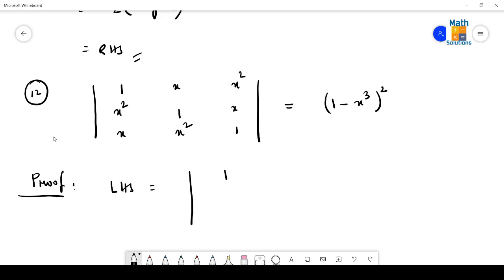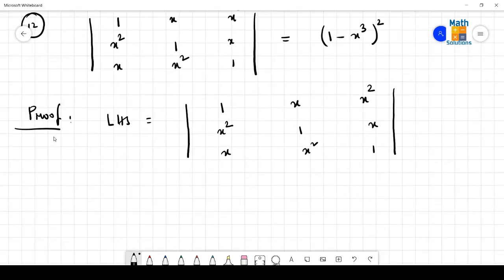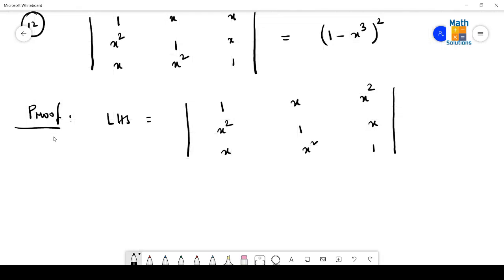LHS is this one. So very clearly, if we proceed row wise, then we shall be able to get this term. Let us check.